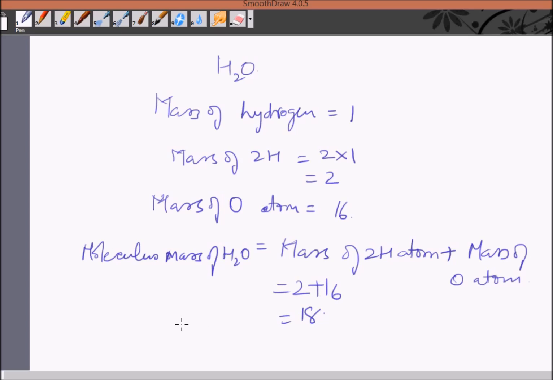So the molecular mass of water is 18. We can also say that the molecular weight of water is 18, right?